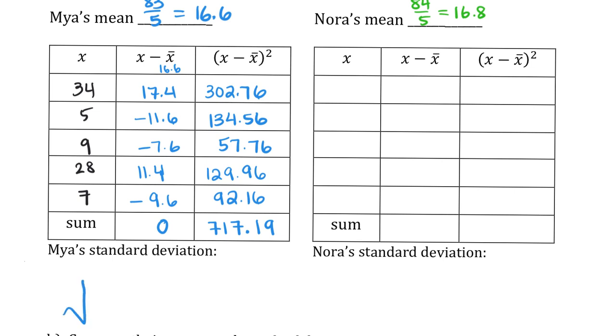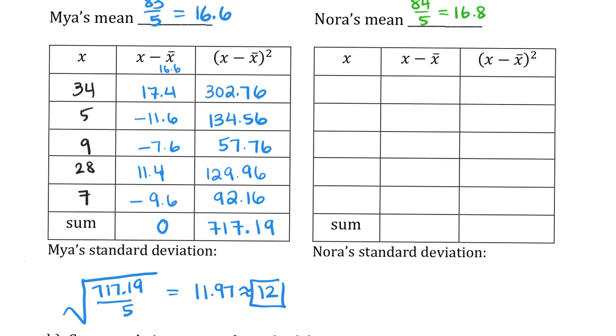That's going to be of my total divided by how many games? 5? Okay, so the square root of 717.19 divided by 5. So my standard deviation is 11.97. So about 12. That's how much she varies from her average of 16.6.